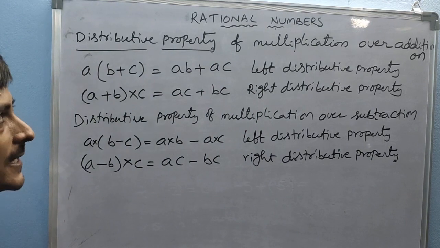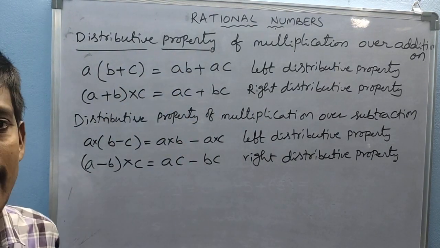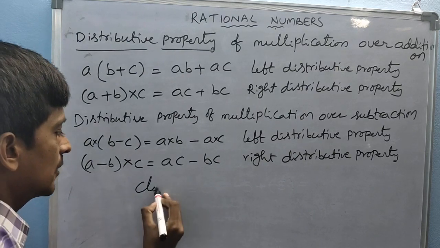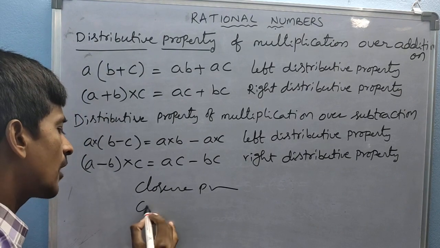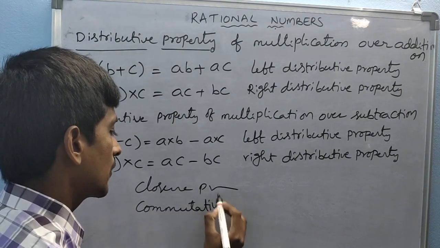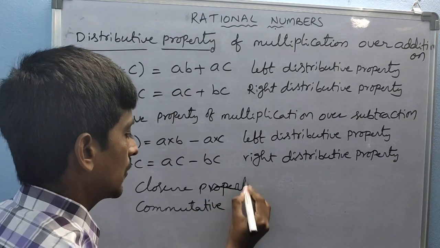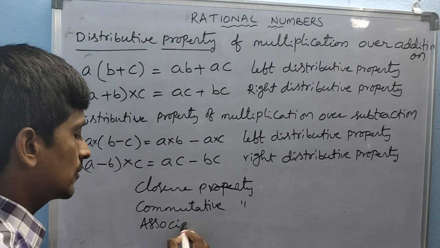Okay, these are the 6 properties of rational numbers. The first one is closure property. Next is commutative property. Next is associative.